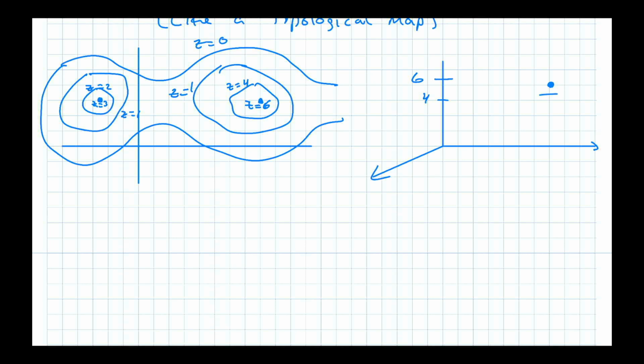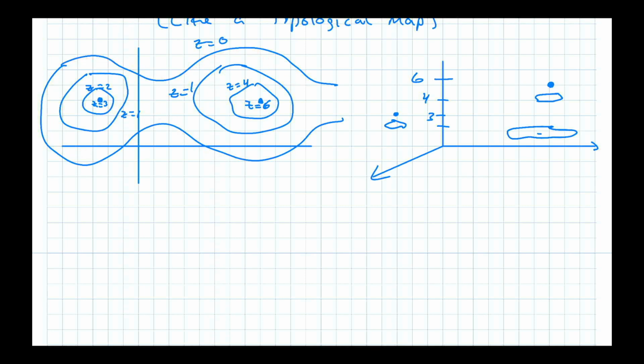Then at z equals 3 you have this peak on the other side. At z equals 2 you have one of these, at z equals 1 this one down here, and at z equals 0 just this thing.